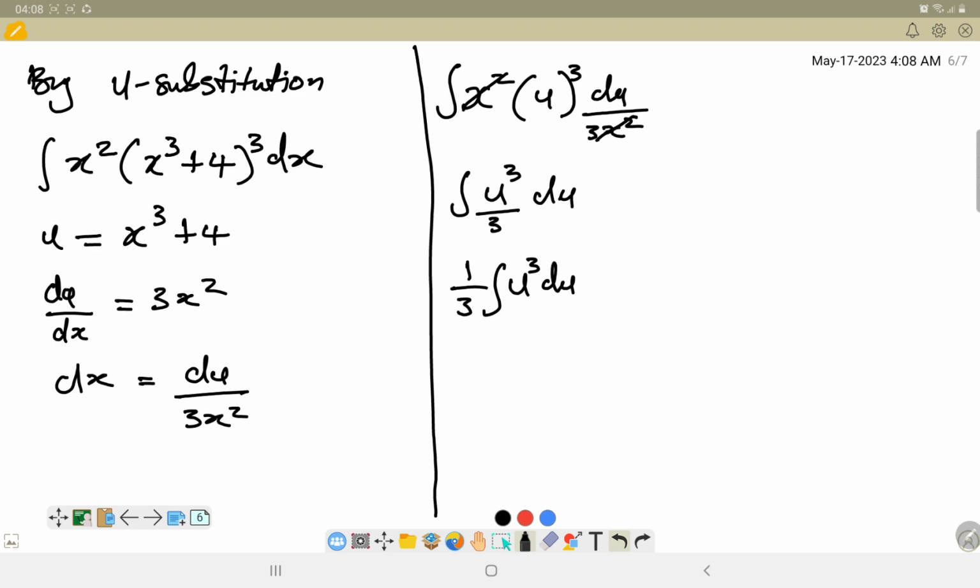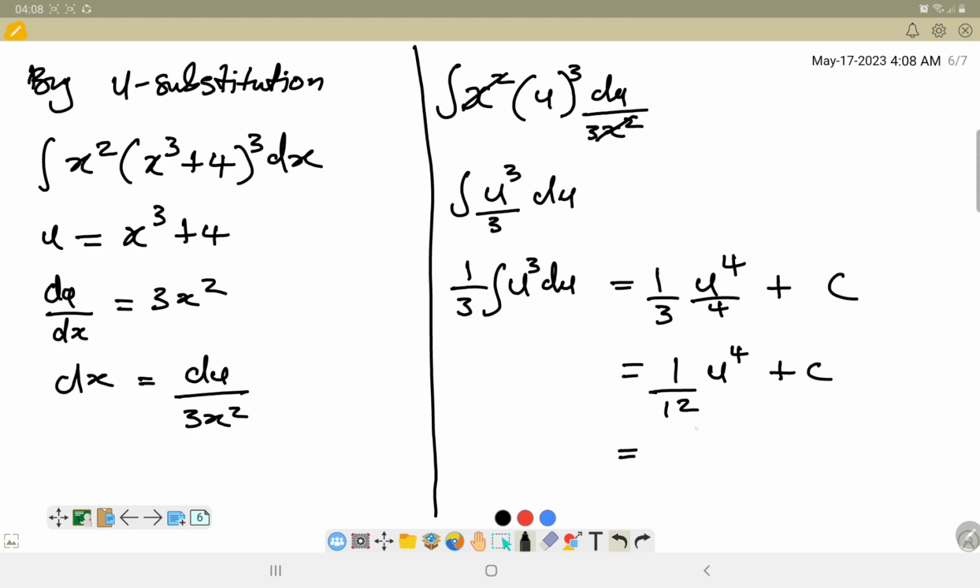Now we can apply the u formula, which will work out as 1 over 3, it's outside the integral, times u to the power 4 over 4 plus c. Then 3 and 4 in the denominator can multiply each other to give us 12, then u to the power 4 plus c.